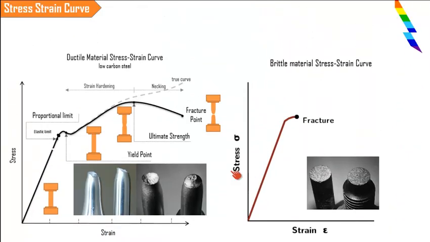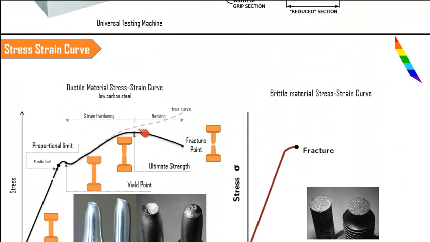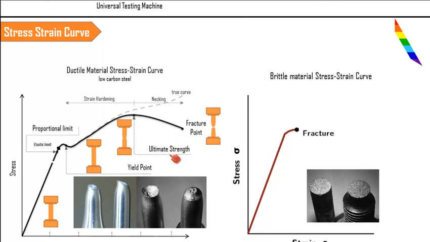You might have seen one dotted line passing over this darker line, and we have to discuss these two lines in detail. Actually, the darker line which is drawn here is called the engineering stress strain diagram. The reason why it is called that is, in this type of diagram, for the calculation we have taken the initial cross sectional area, and we are not considering the instantaneous change in cross section.